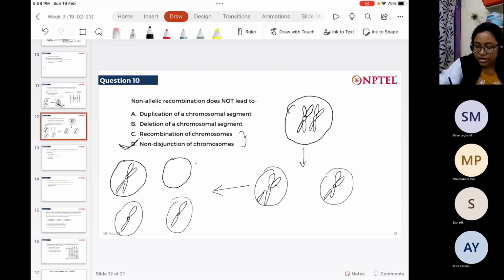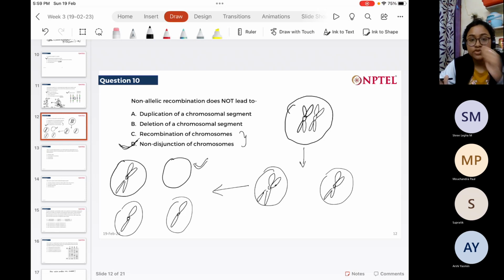Now when this gamete fertilizes with another gamete, male or female, that person will be lacking one whole chromosome. That is the event of non-disjunction.